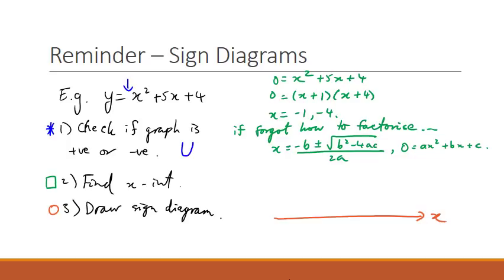As we can see, we have a quadratic, that's a smiley face, and we have our x-intercepts, so let's put our x-intercepts at -4, -1, then draw it out. Now, remember with the sign diagram, this shows that you have positive values of y, and then this shows that you have negative values.